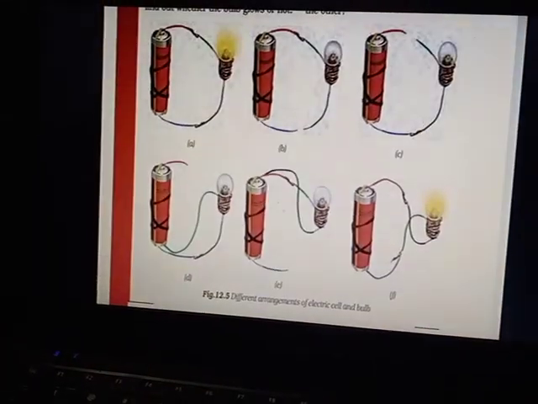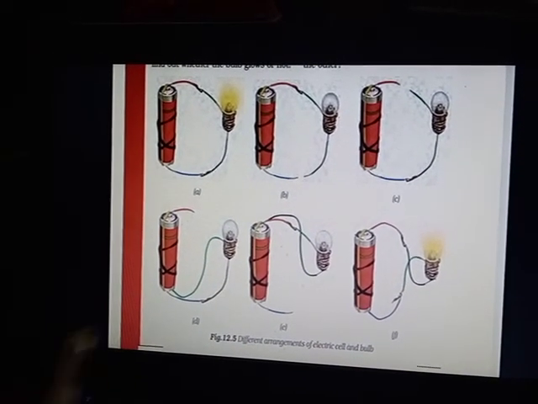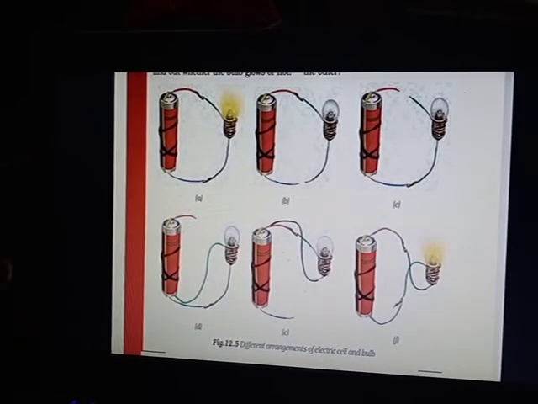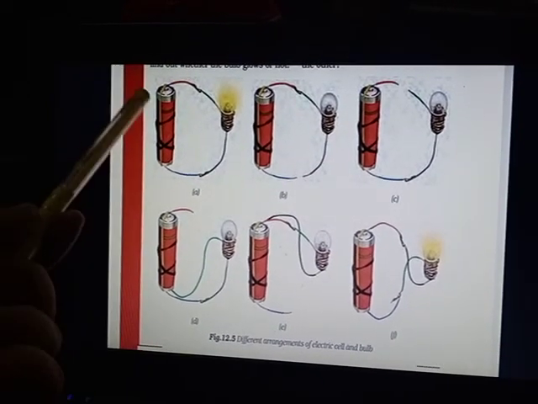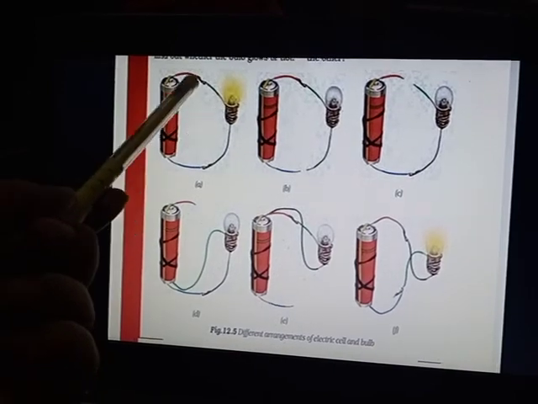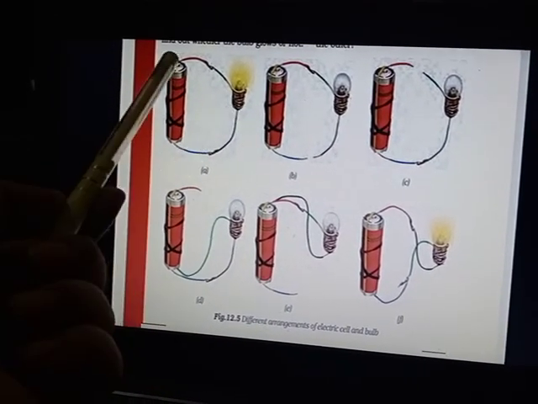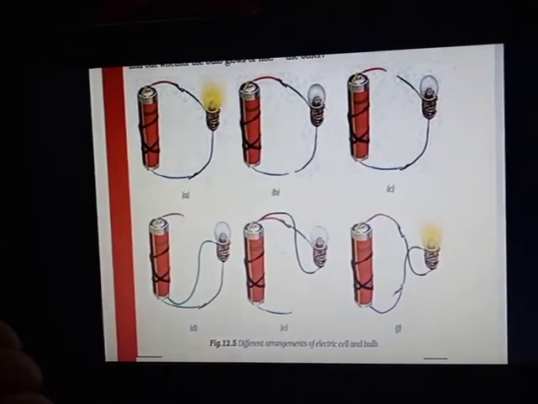Now let us take these examples. In this circuit, the whole circuit is complete because the positive terminal is connected to one terminal of the bulb and the other terminal of the bulb is connected to the negative terminal of the cell.